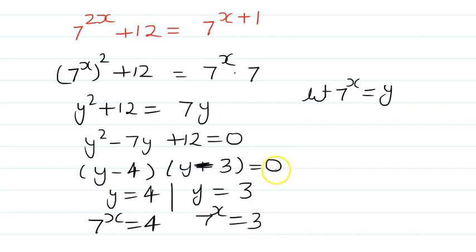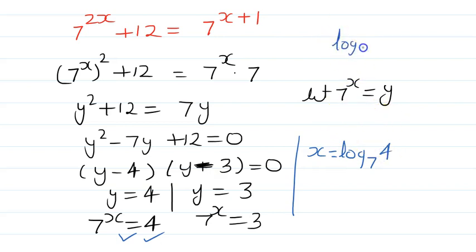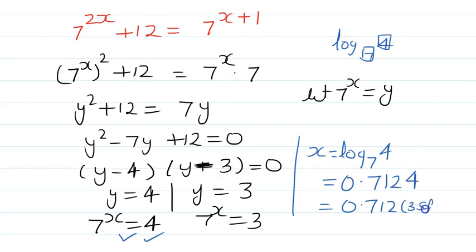So once you solve this, 7 to the power x equal to 4, so it will be x equal to log base 7 of 4, and use this log icon of your calculator, yeah, and put 7 here and 4 here, and then this will give you value 0.7124, yeah, 0.7124. If they are asking answer in 3 significant figures, then you can write down 0.712, that is 3 significant figures.